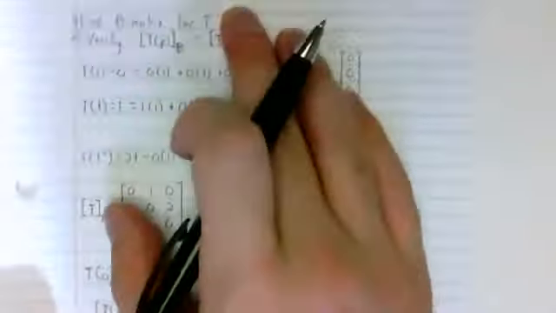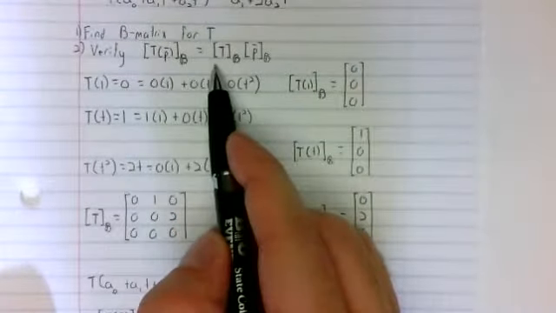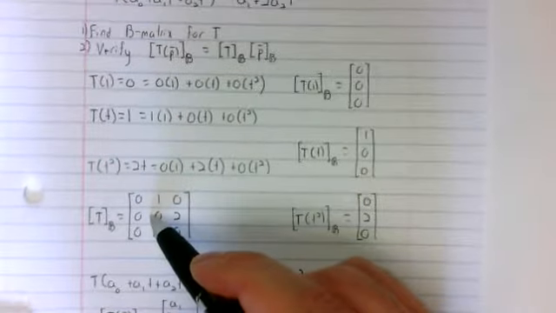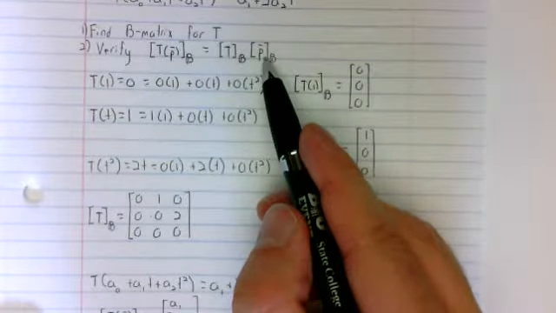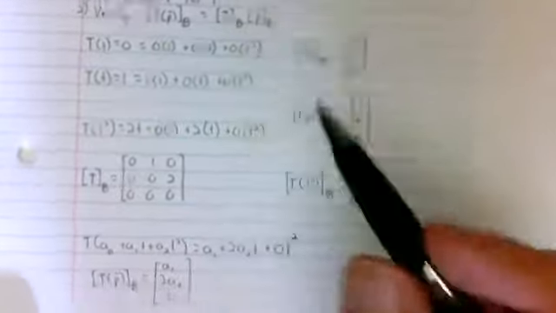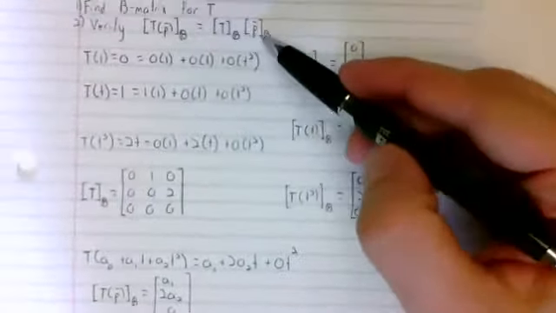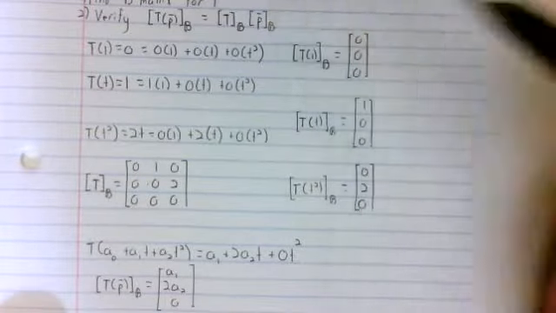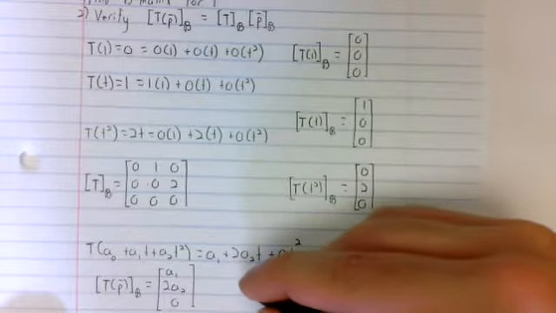We want this to be equal to this matrix, which we've computed, times this coordinate vector. So I guess the next thing we need to do is compute this coordinate vector.